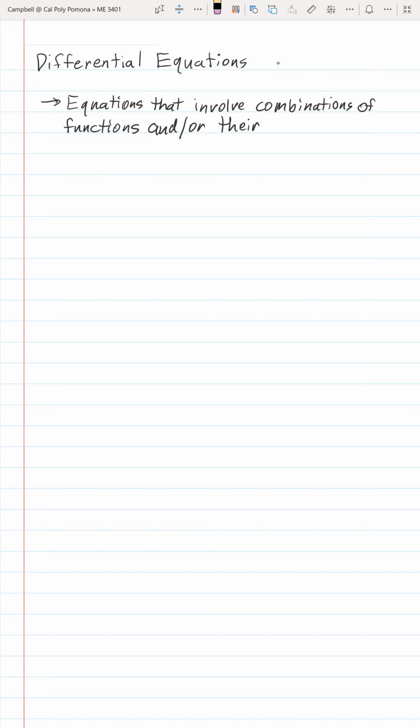So differential equations, of course, are equations that involve combinations of functions and/or their derivatives.